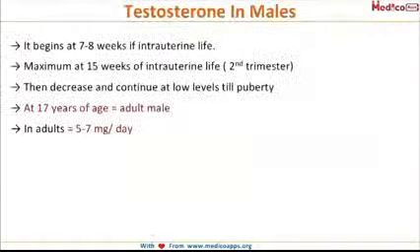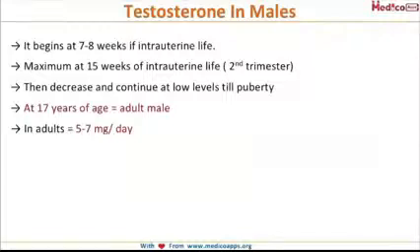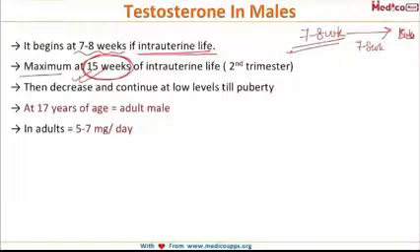Now a few words about testosterone. Testosterone secretion starts at 7 to 8 weeks of intrauterine life, continues to increase for another 7 to 8 weeks, and so it is maximum at 15 weeks, that is in the second trimester. Then it decreases and continues at low levels till puberty, that is till the onset of spermatogenesis.